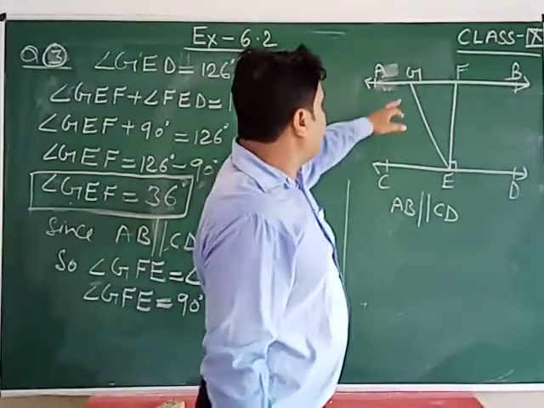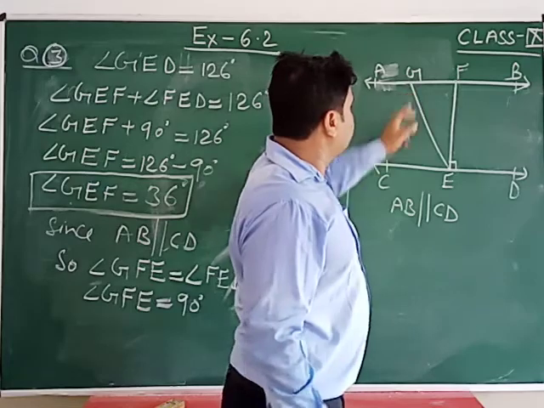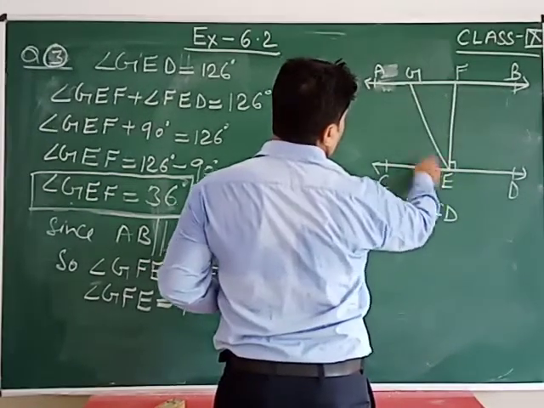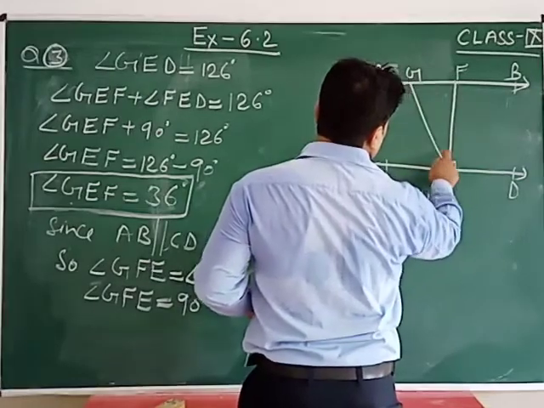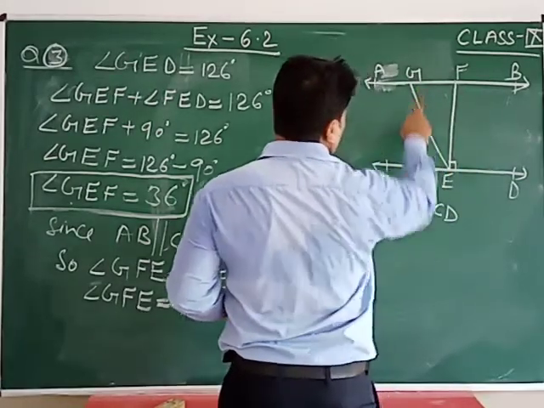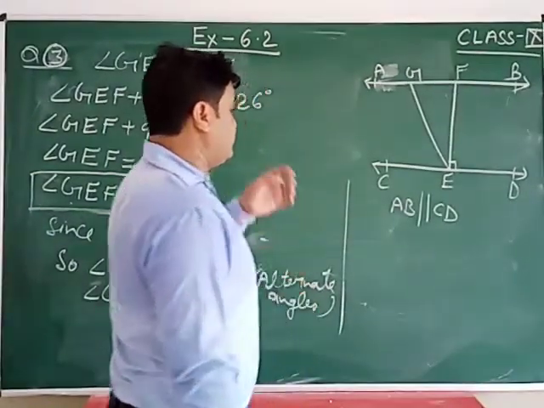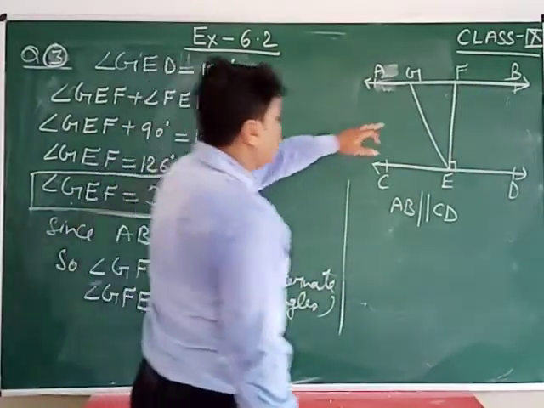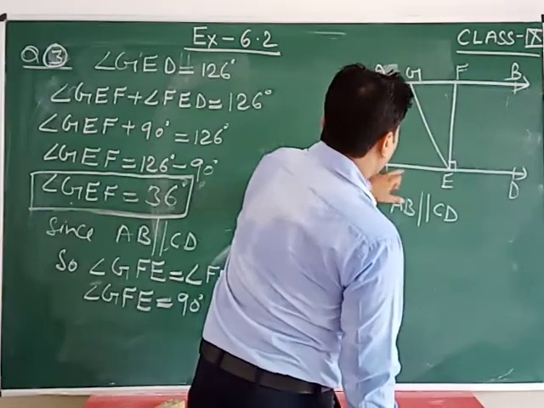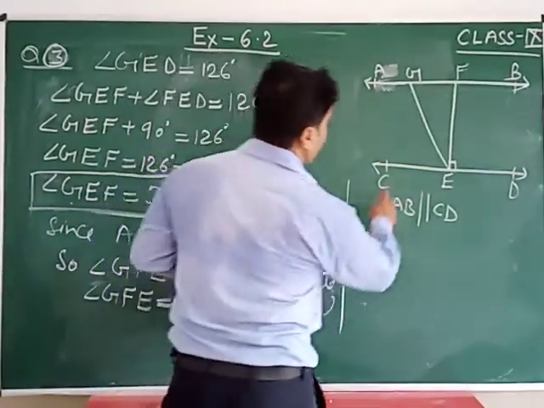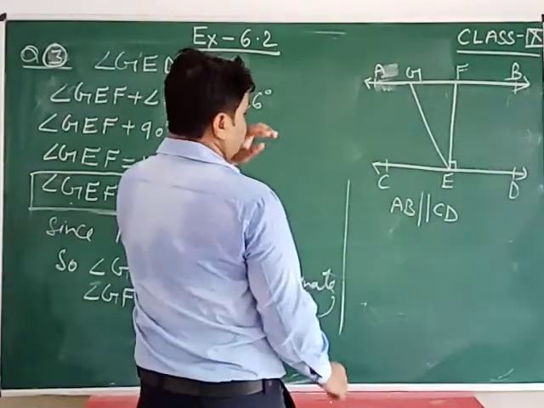So this angle equals this angle because these are alternate angles. And how will we find angle CEG?